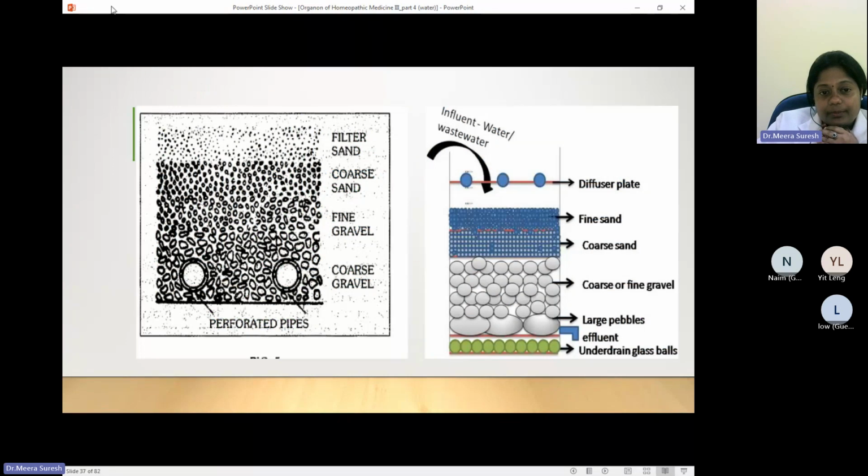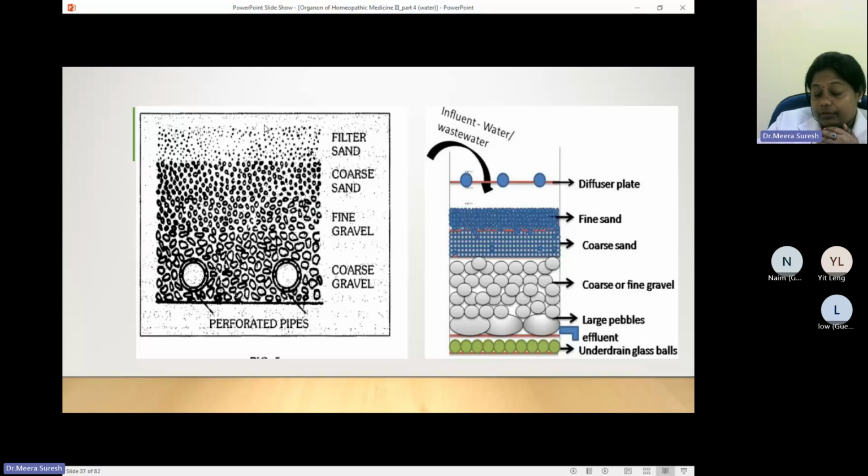So we have another picture. You can see the sand. Even the size of the sand is changing in different layers. So there is a very small filter sand, then a little bigger, the coarse sand, then the fine gravel and the coarse gravel.